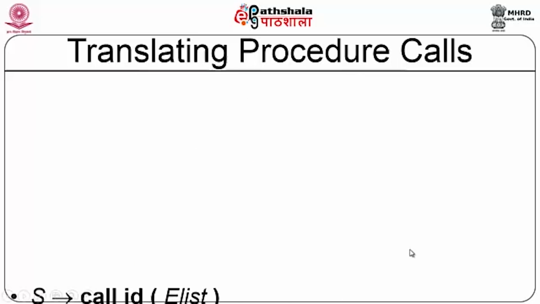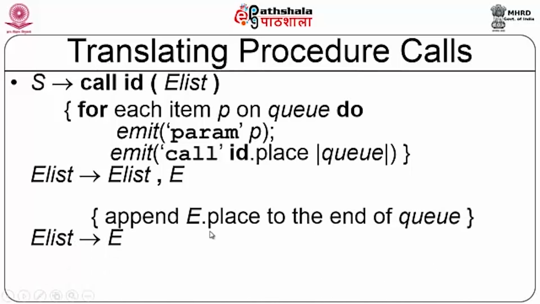Now, here this is the corresponding SDD for this one: for this EList the items are put into a queue. For each item P on the queue, emit param P, and then emit call id.place. Emit param P means you emit param A, param B, whatever is the available list of parameters in the EList.